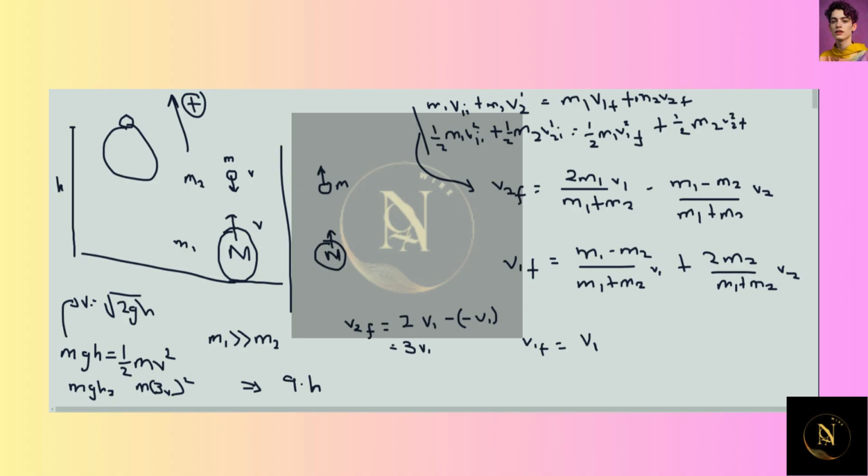And then if you are dividing something very small by something very large, whatever you get is going to be very close to zero. So essentially, the velocity of the basketball after this collision is going to be pretty much the initial velocity that it had here, which is v. So the basketball moves with the same velocity upwards, but the tennis ball afterwards is going to go with a velocity 3v1, or 3v in this case.